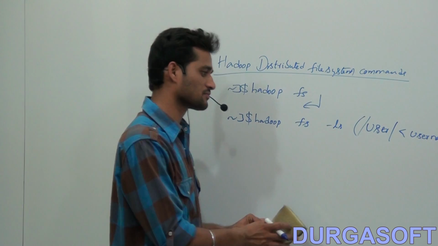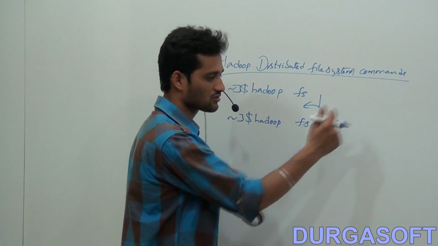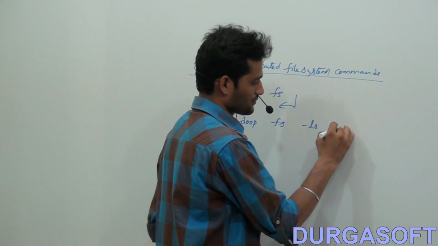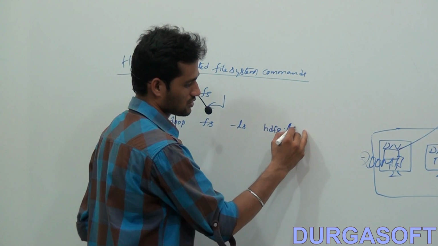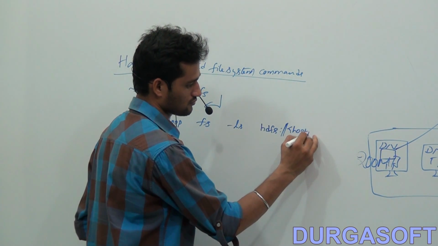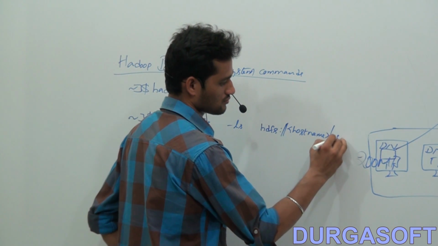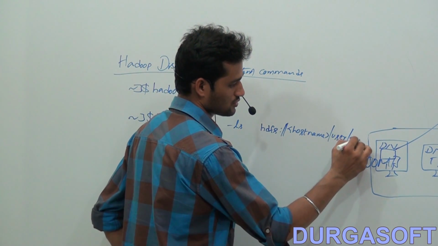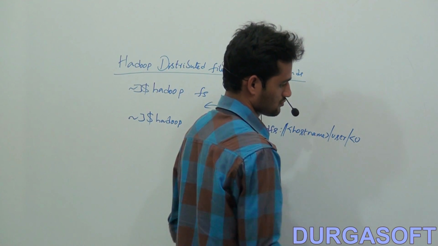If it is a multi-node cluster, then you have to say hdfs colon two forward slashes, hostname, slash user slash username.